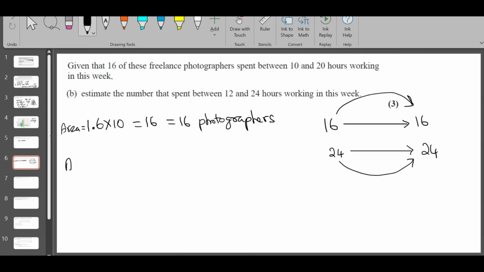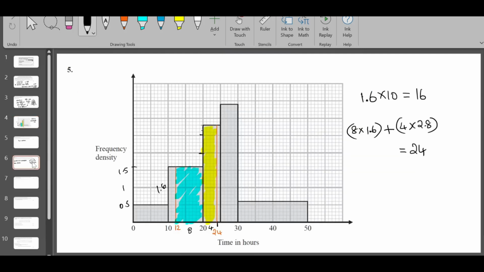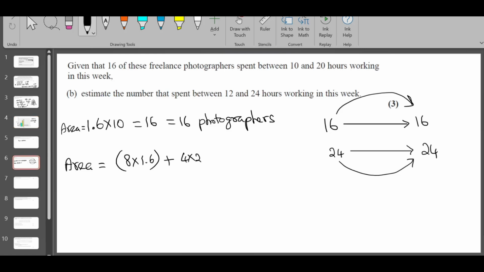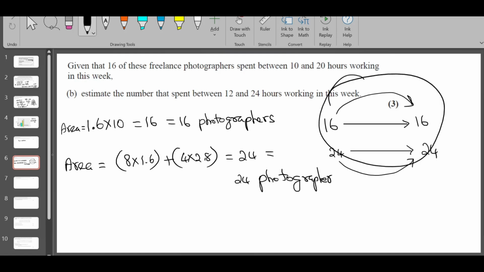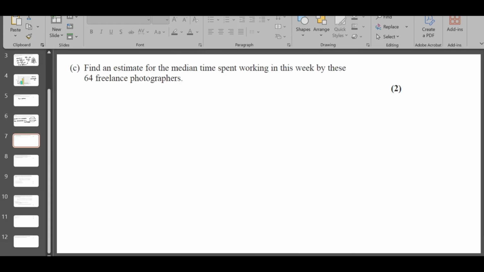And then write area is equal to 8 times 1.6 plus 4 times 2.8 is equal to 24, which is 24 photographers. This diagram is just for your reference. That's all.